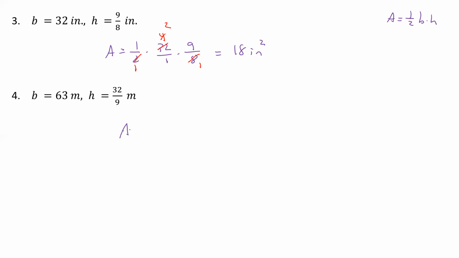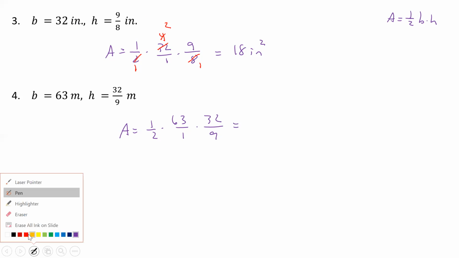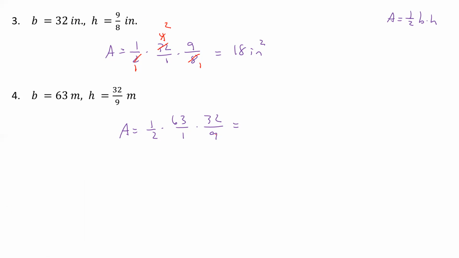And then our final triangle, we have area is 1/2, base, which is 63 over 1, times height, which is 32 over 9. And that's going to equal what? Well, let's start canceling. Well, 9 goes in here once. And when it goes into 63, that's going to give us a 7.